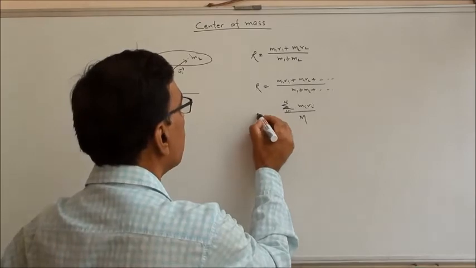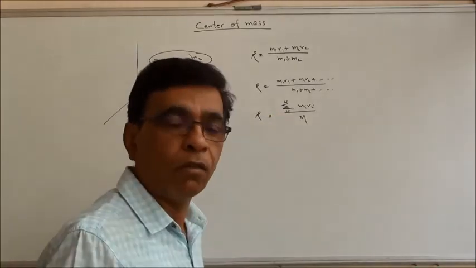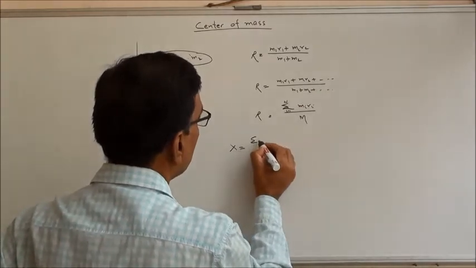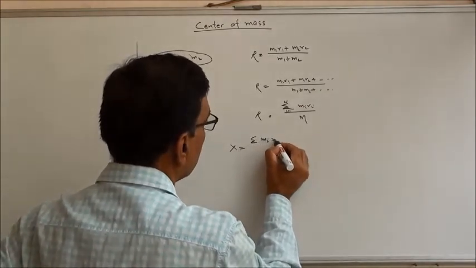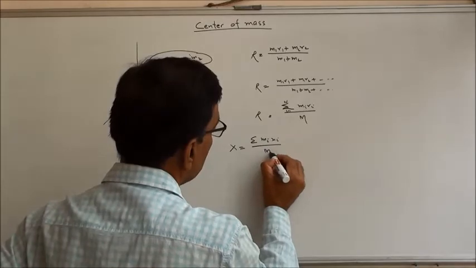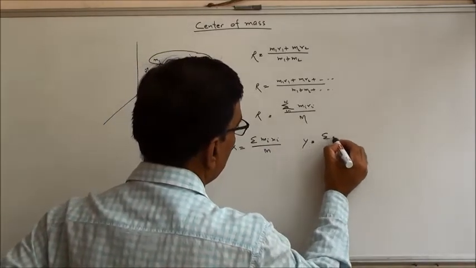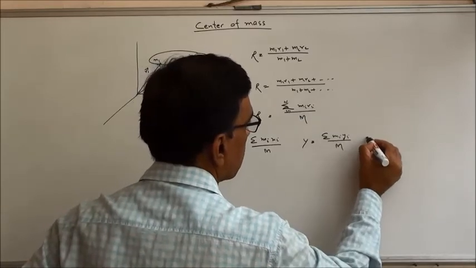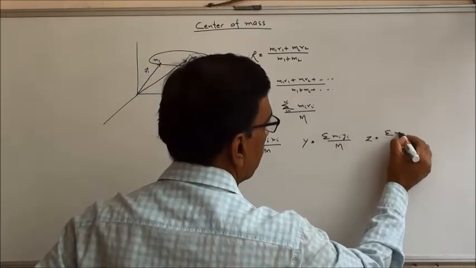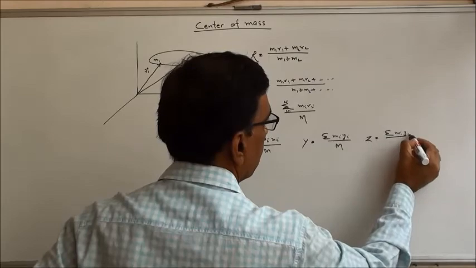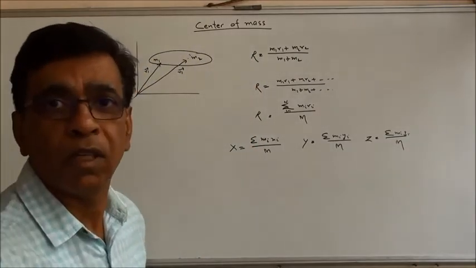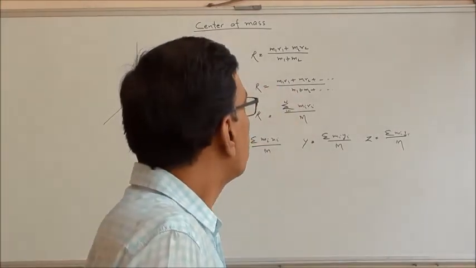If it is given in terms of x, y or z coordinates, we can write separately. So the x coordinate will be this, then the y coordinate will be this, and the z coordinate will be this. If we are given the vector form, we can write that too.